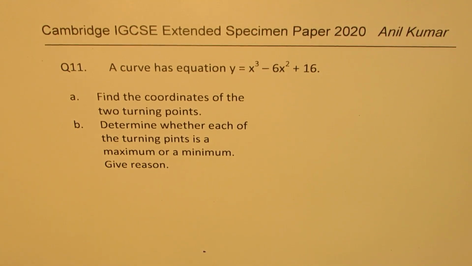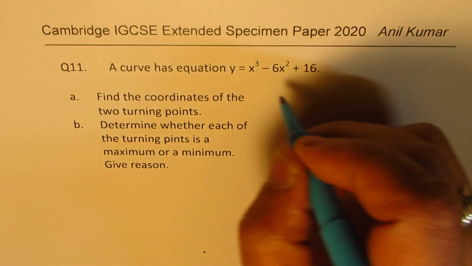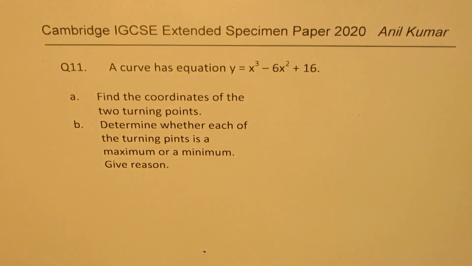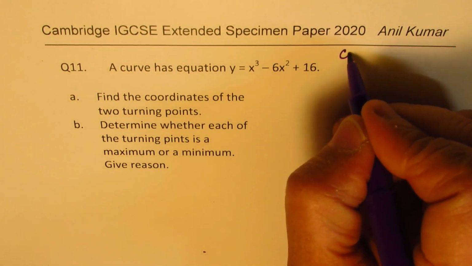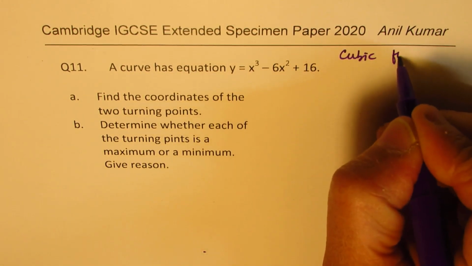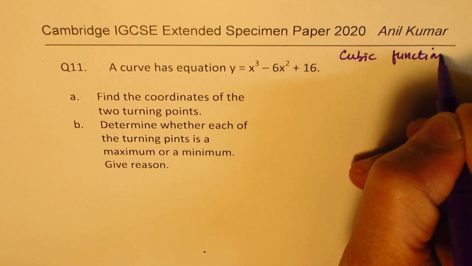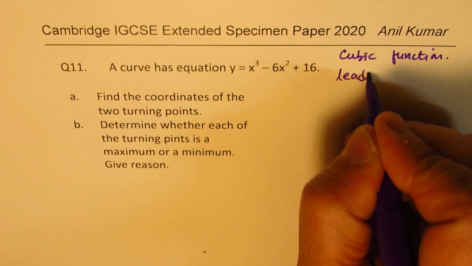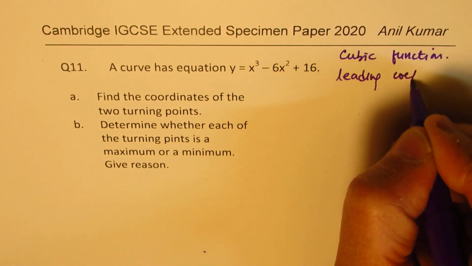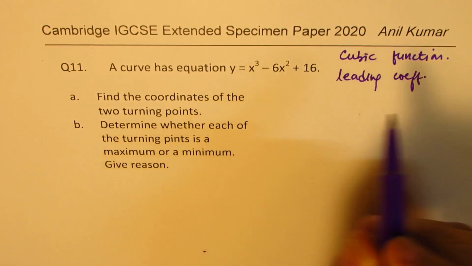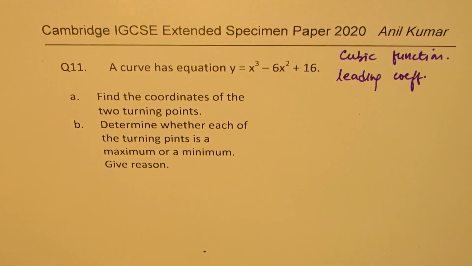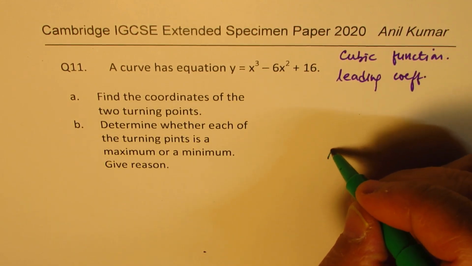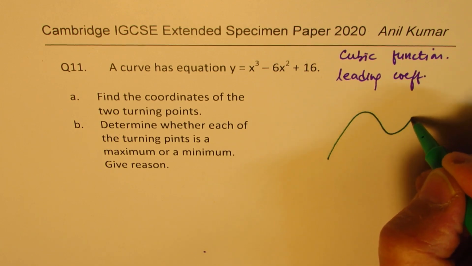Now in this particular case, since it is a cubic equation, we definitely know the behavior. So it's a cubic function, and the leading coefficient is positive. Since we have two turning points, we know that the graph should be kind of like this.